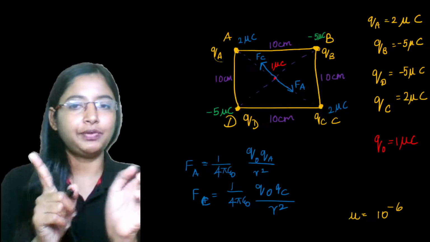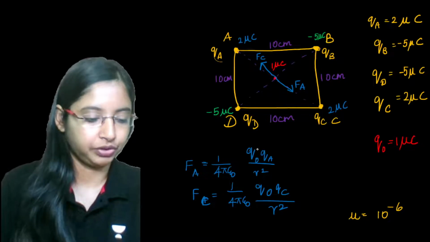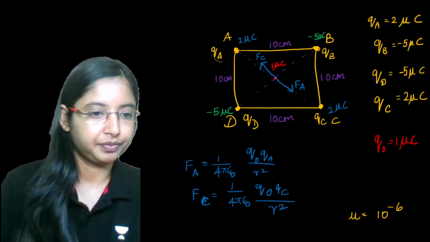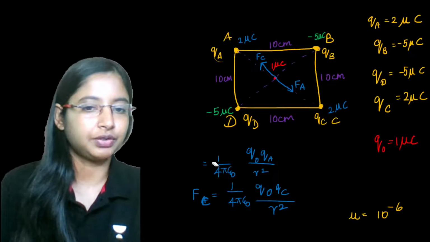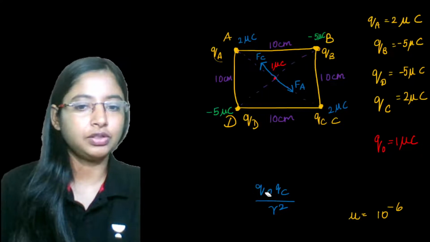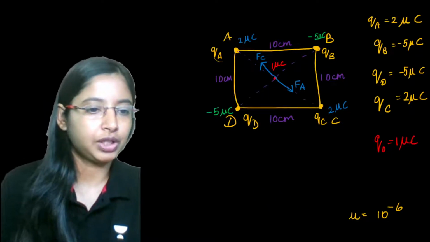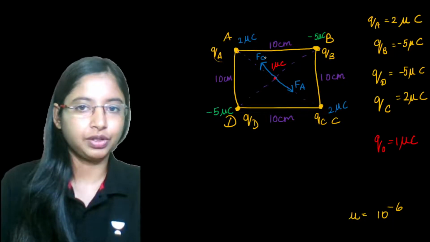So there are equal forces acting in opposite directions. What will happen to the force acting at this point? Magnitude is the same, but the direction of the force is different. So the force acting on this charge because of QA will cancel out the force created because of FC.